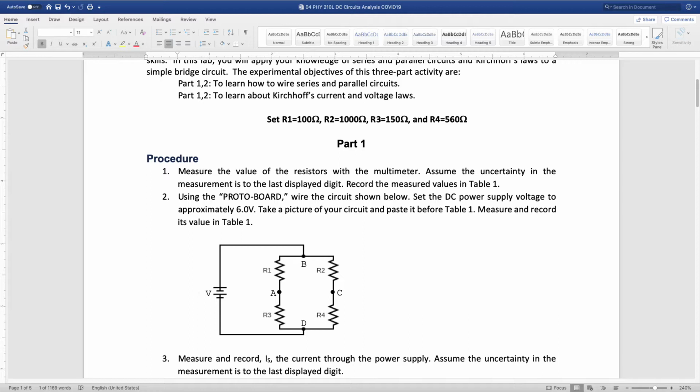Other questions? So, anybody missing a resistor? Oh, let's see.